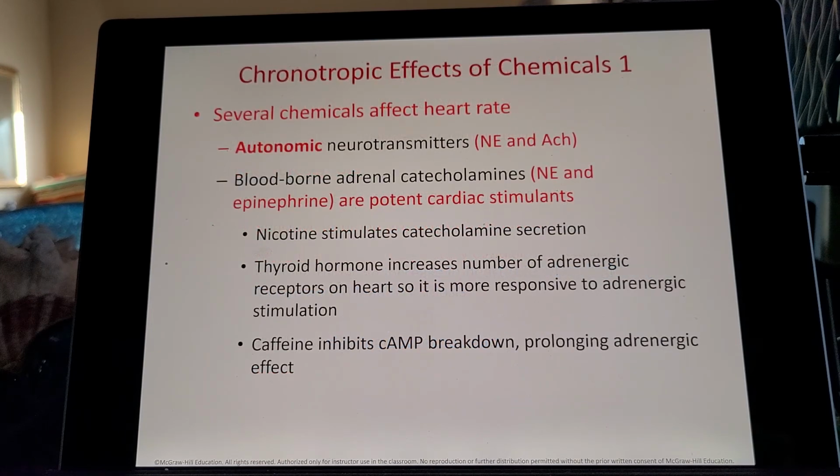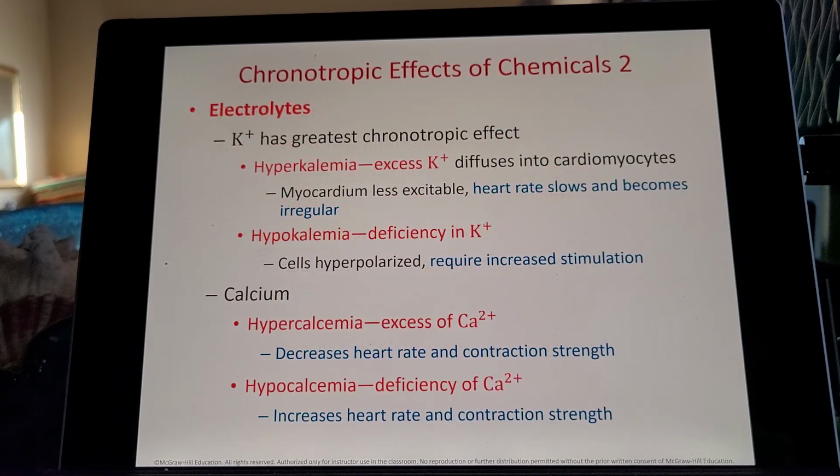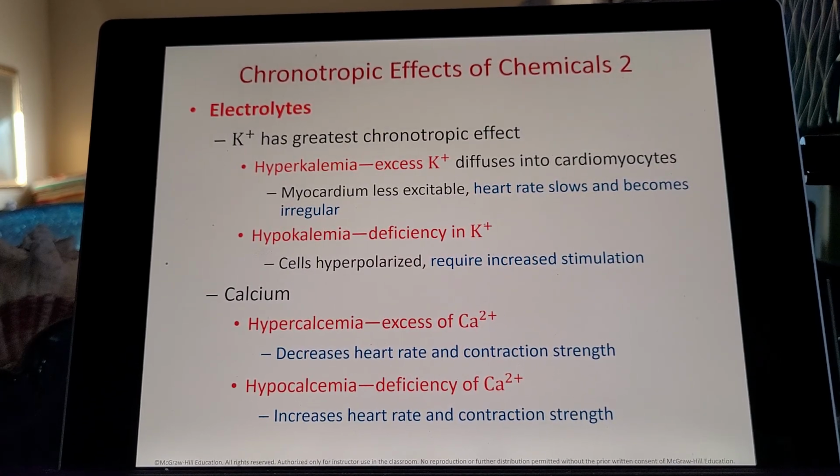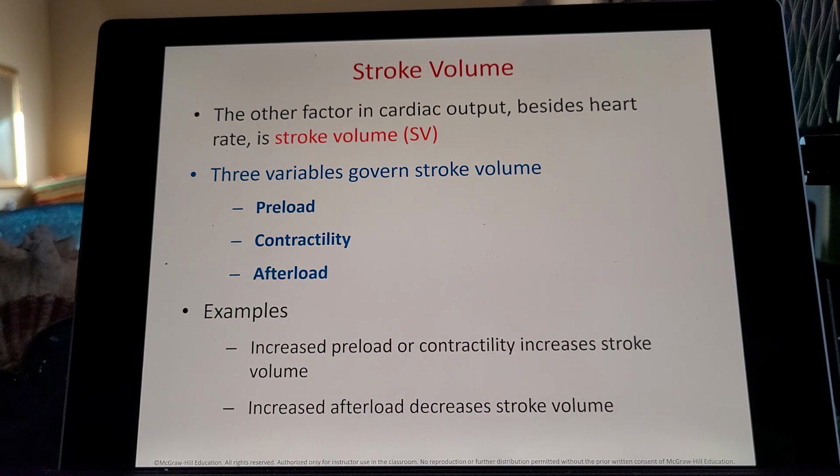Okay, the rest of this is just other stuff that's not on the test, and we'll get to it in exam 9, whatever that chapter is, talking about changes in our ions and how that affects things, but that's not on this test.